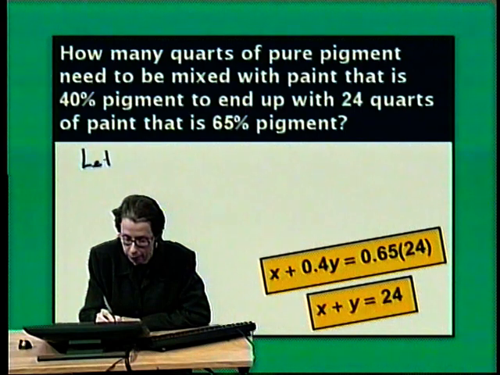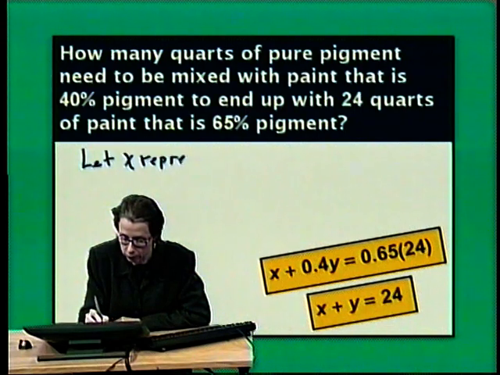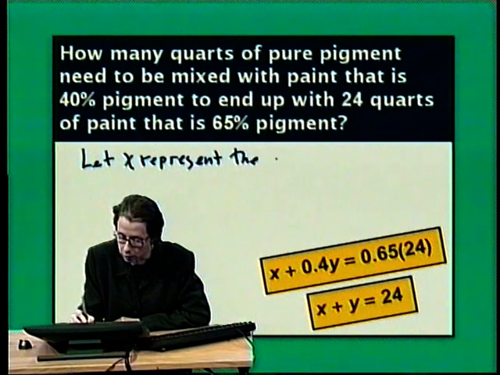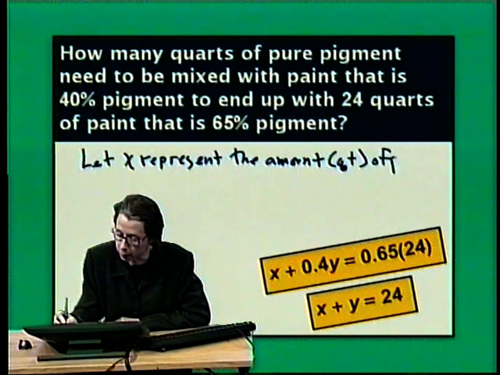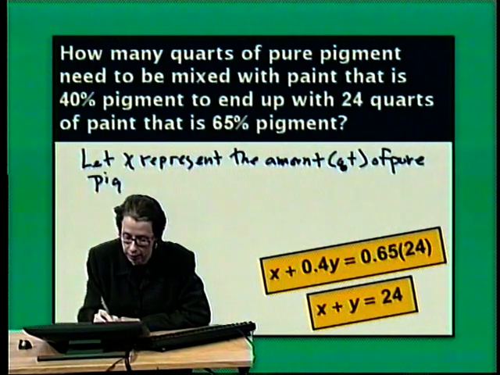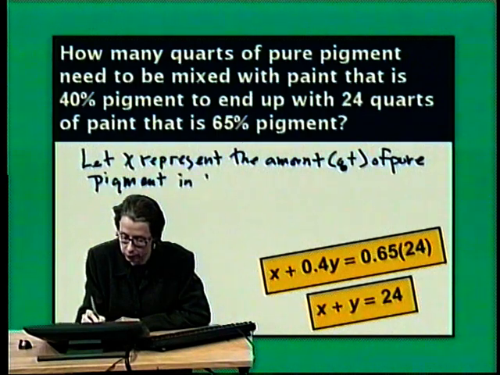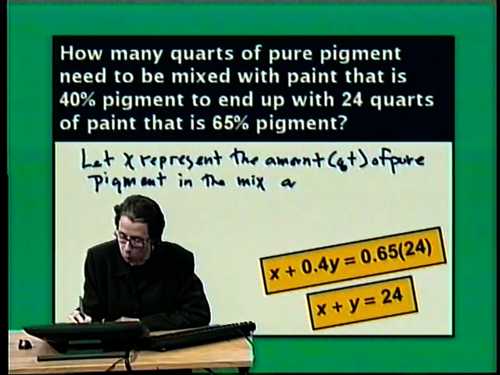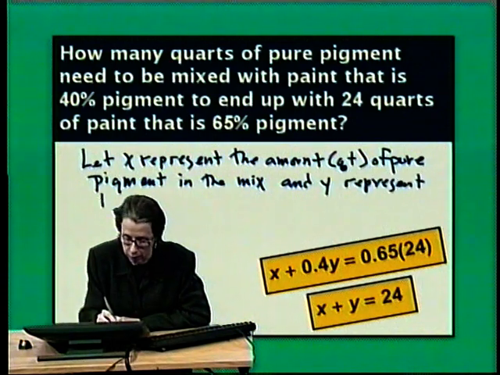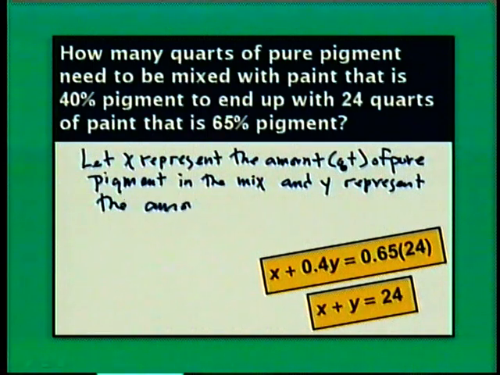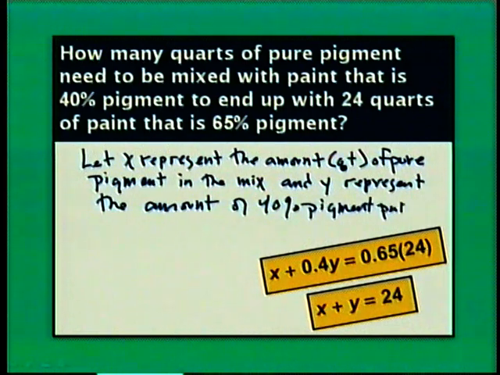I'm going to let x represent the amount, and we're measuring amounts in quarts of pure pigment in the mix, and y represent the amount of 40% pigment paint. And I'm measuring y in quarts as well.